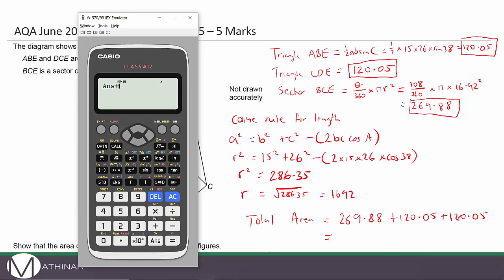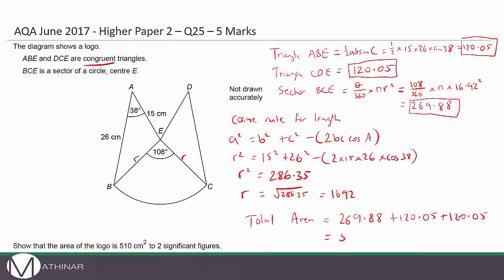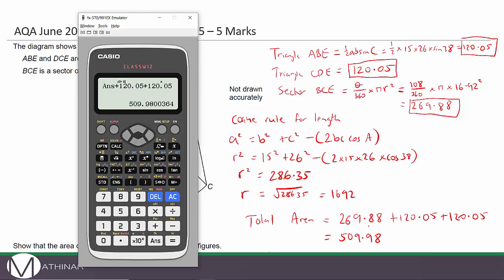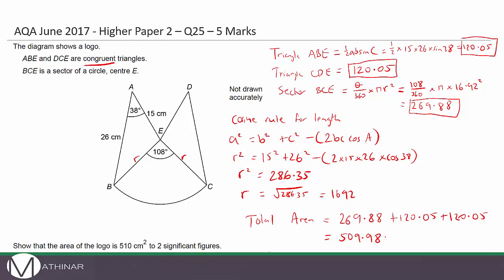We're going to add 120.05 and another 120.05. And that gives me 509.98. And the units for this are centimeters squared. Now, show that the area is this to two significant figures. If we round this to two significant figures, we get 510 centimeters squared.